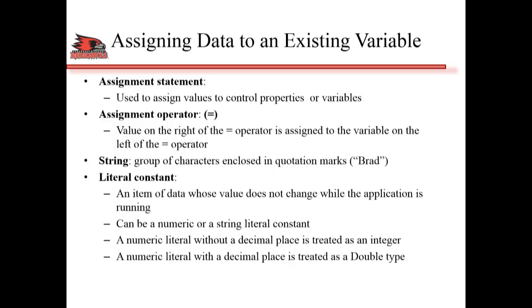It can be a literal constant, which is data that does not change. If I say hours equals 5, then that 5 does not change, right? So hours will have 5 inside it unless we have another line of code where hours gets some other value. As long as it has the 5 stored in it, it's called a literal constant.